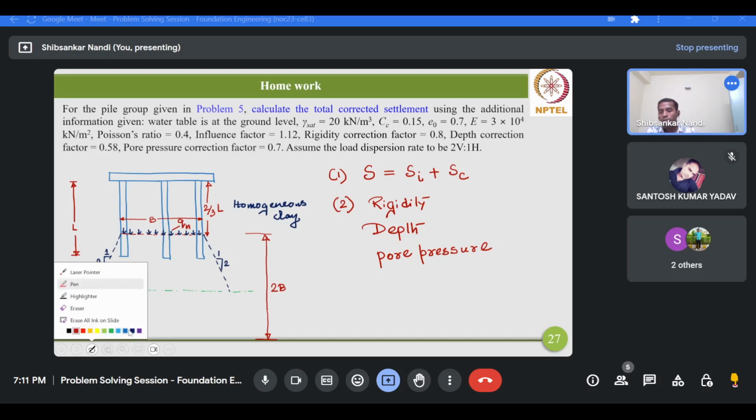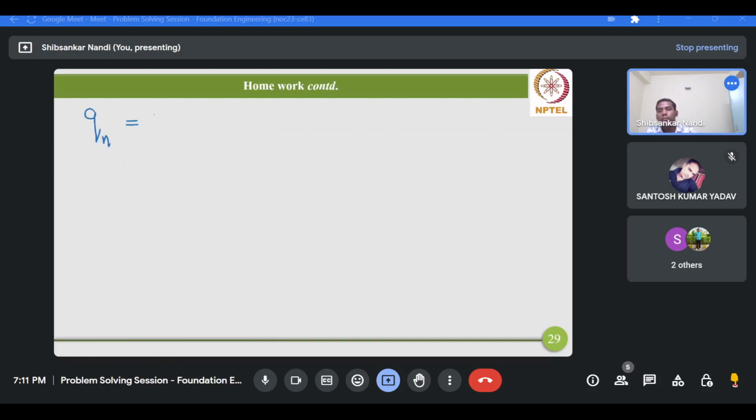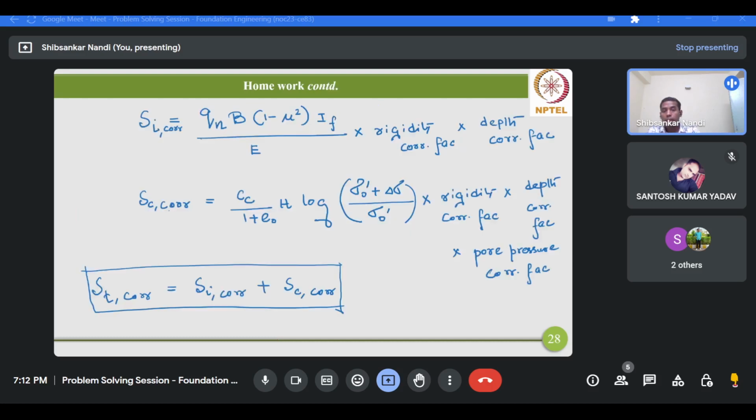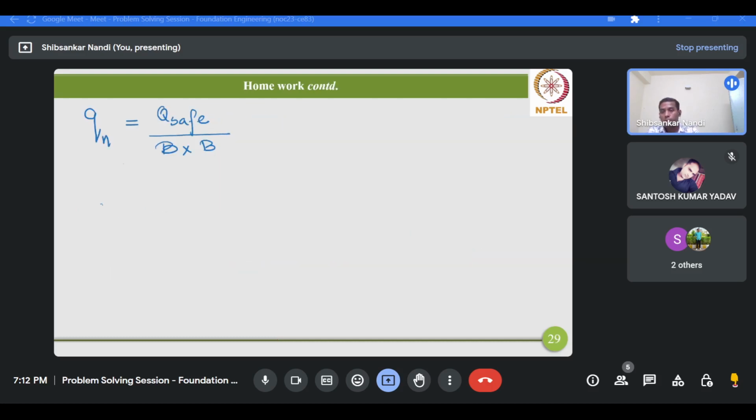You can calculate it from the safe working load, Q safe, divided by the area of the pile group, that is B times B. Suppose this is the pile group cross section, nine piles, where this is B and this is B, and the group is subjected to the safe working load.